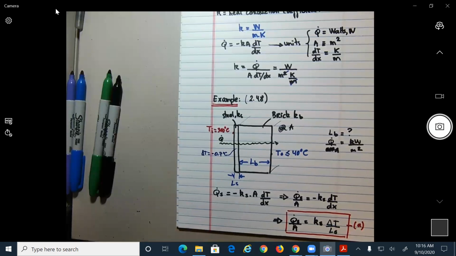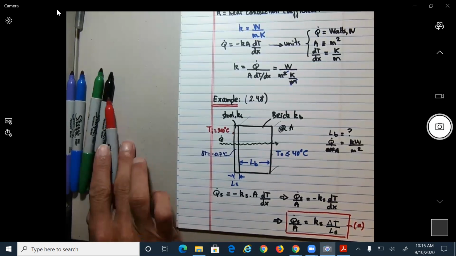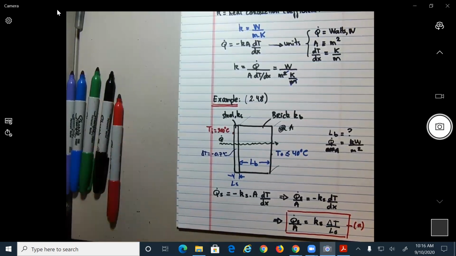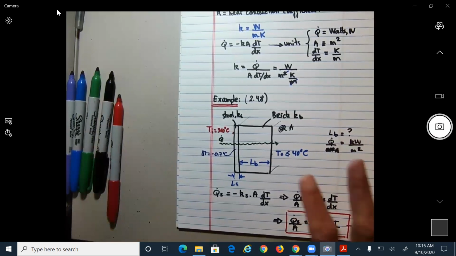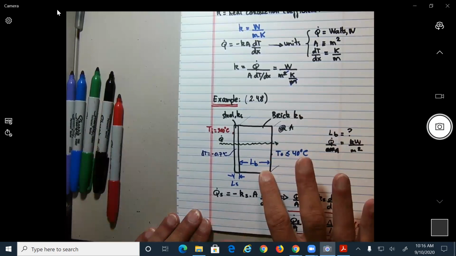All right. So this is the amount of heat going through the steel. Now, let's do exactly the same thing to know what is the amount of heat going through the brick. Okay?